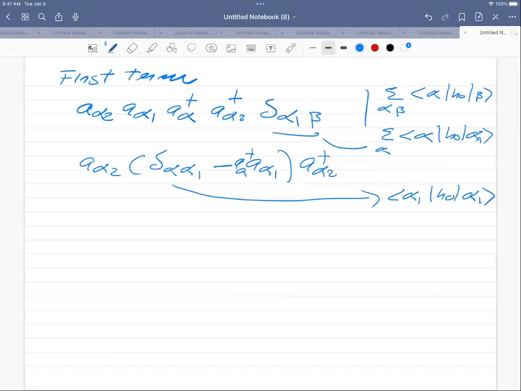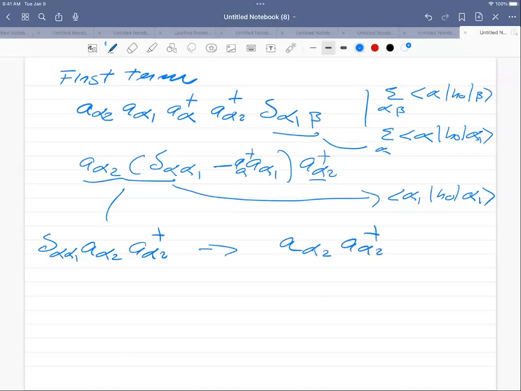Then we are left with, if we take the first part, the one which links with this one, an a_α2 dagger, and then we have the Kronecker delta of α and α1. And this one, when we are calculating it, is the same as us, because the Kronecker delta doesn't enter this expectation value. So this would be the transition from a state which has α2 to a state with α2.